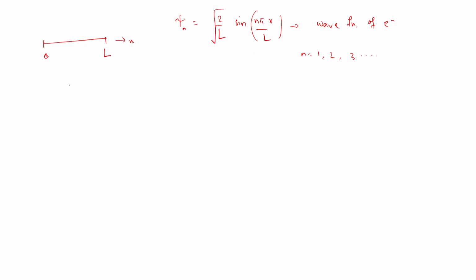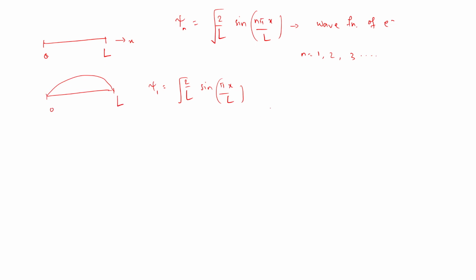For example, n equal to 1 gives psi 1 equal to the square root of 2 over L sin pi x over L. So what you get is just this, from 0 to L.